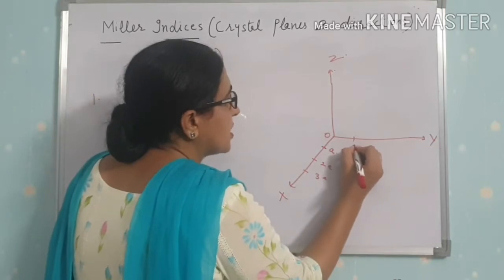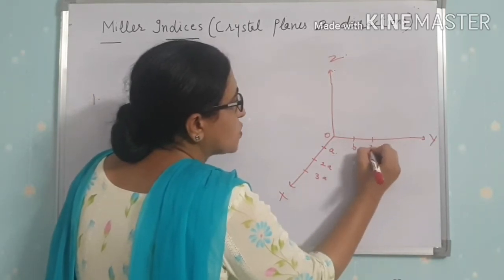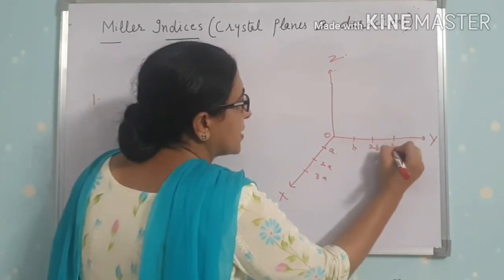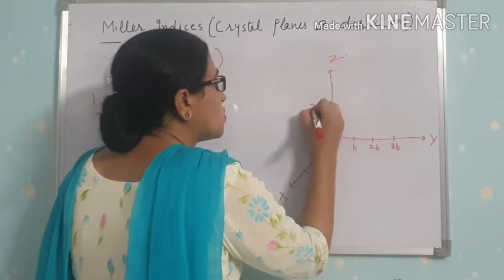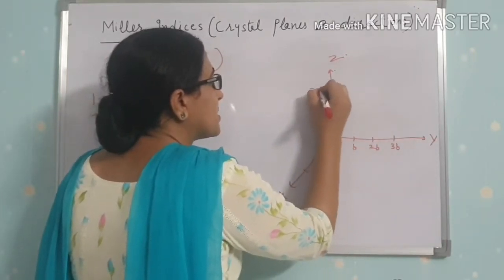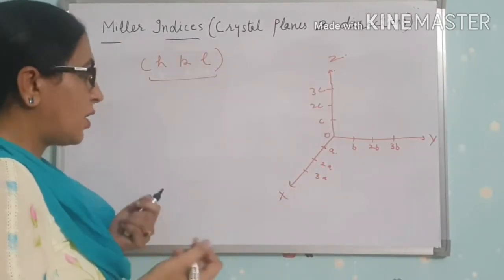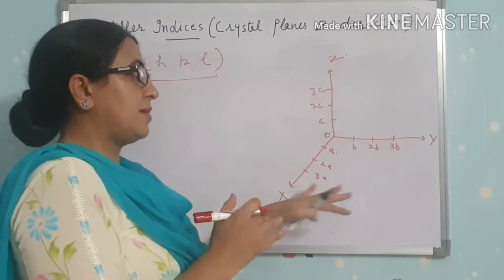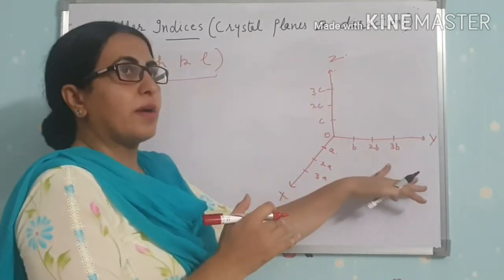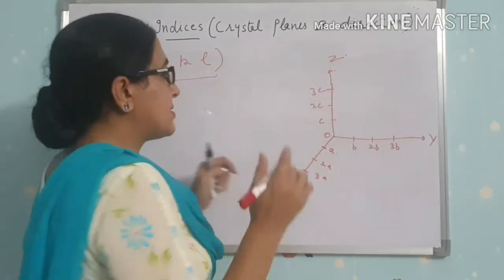Similarly, in this direction, this is B, this is 2B, this is 3B. And in this direction, this is C, this is 2C, this is 3C. Clear? Now take any plane which cuts these crystallographic axes x, y and z.